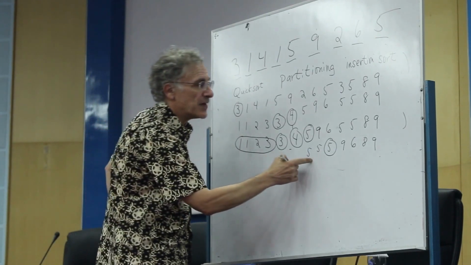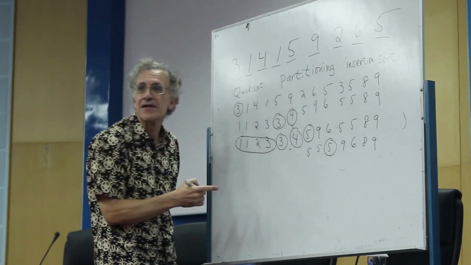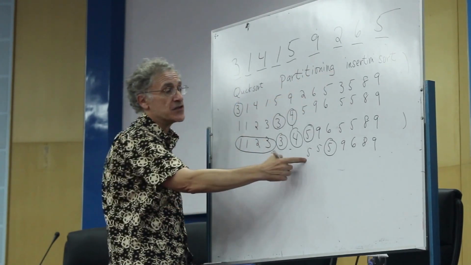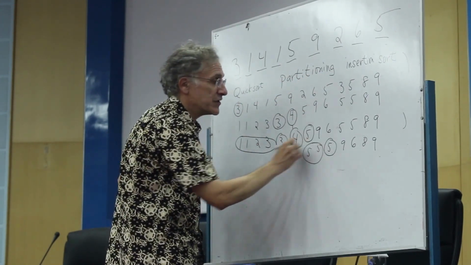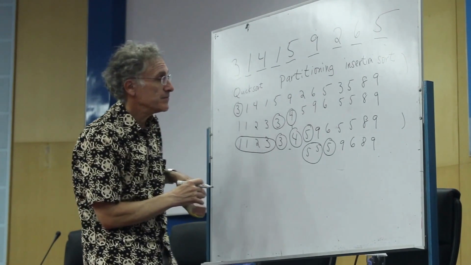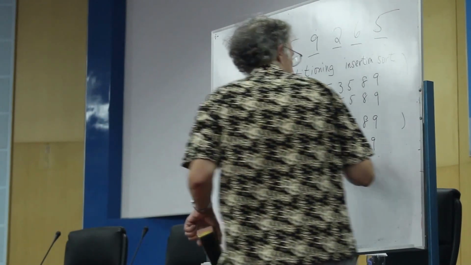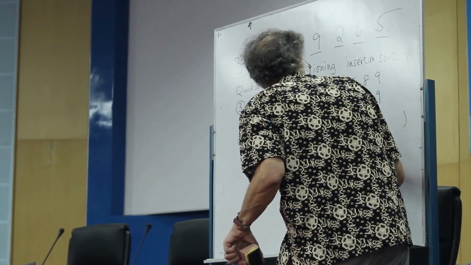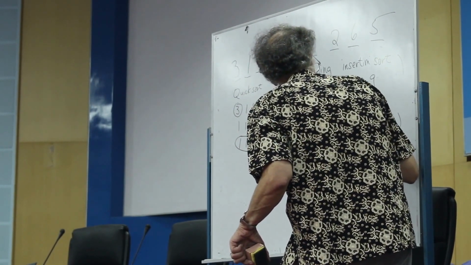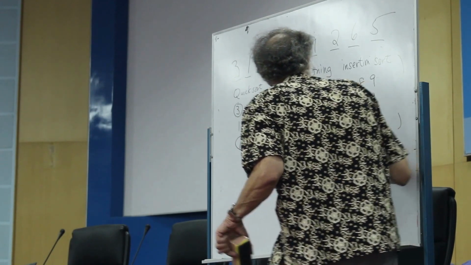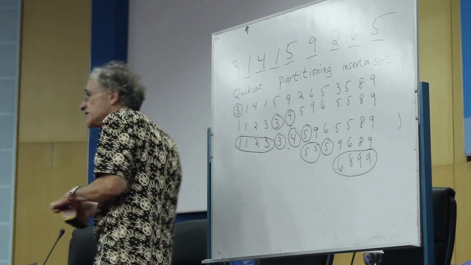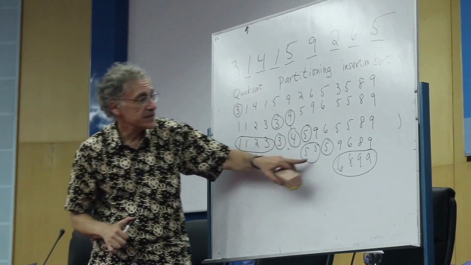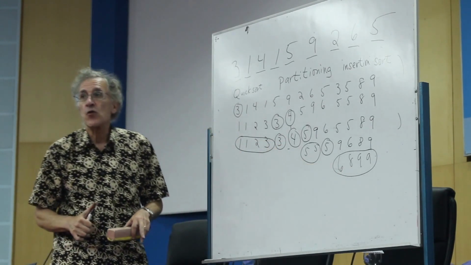I have a small problem and a small problem. I will use insertion sort on both. This is already sorted. Insertion sort will agree. Insertion sort will very quickly give me the right answer here. And now the entire list is sorted. So now I have the entire list sorted using quicksort.